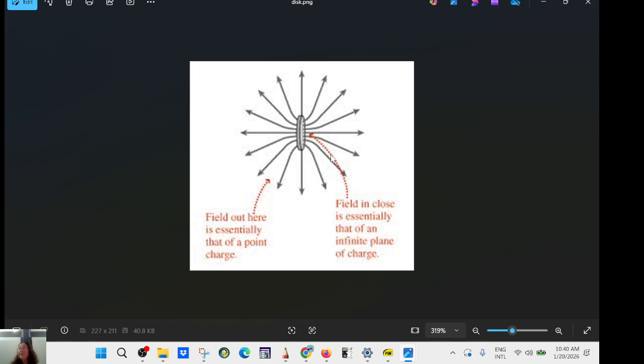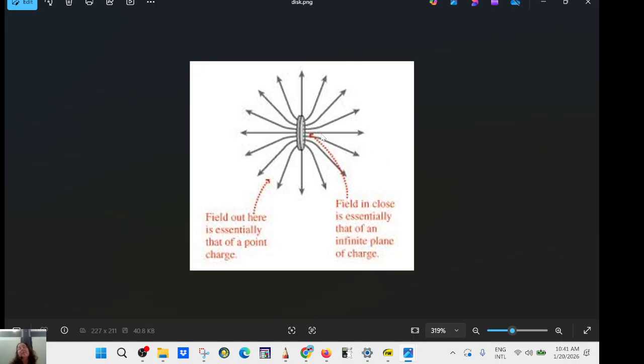So it's going to be in 3D. Now, very far away. What does it mean very far away? It means the distance is large relative to the size of the disk, right? So very far away, everything happens like it's just a Q. So it's going to be KQ over the distance squared.